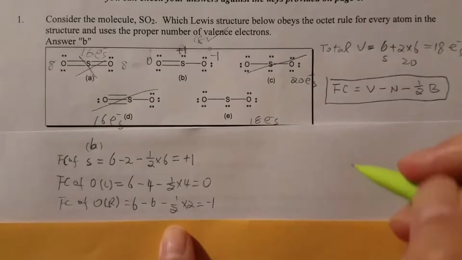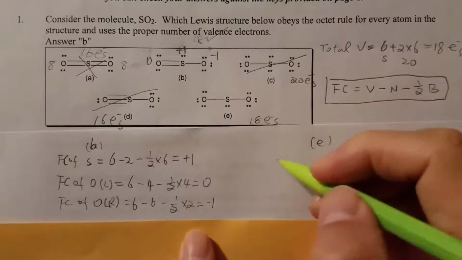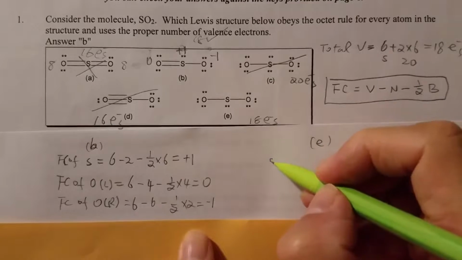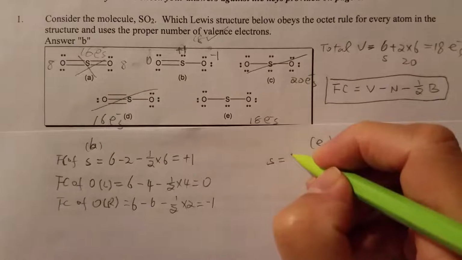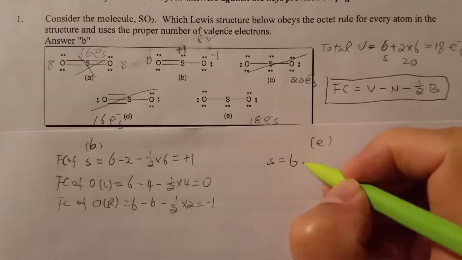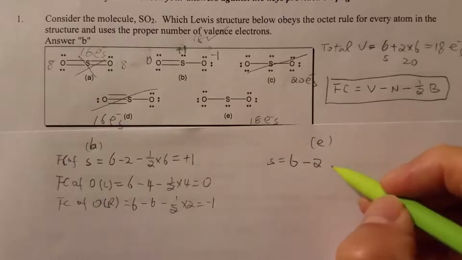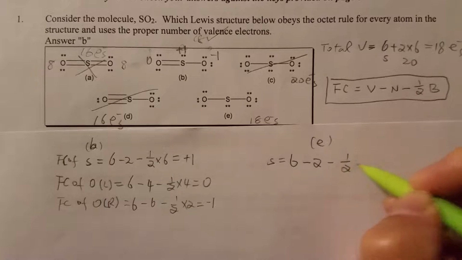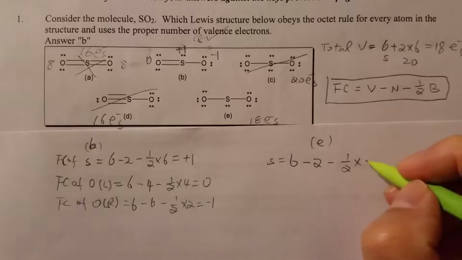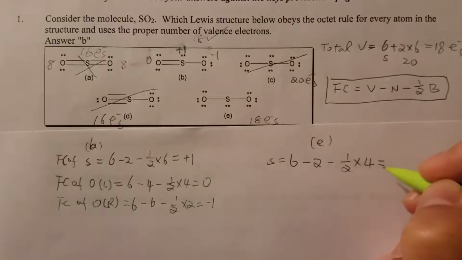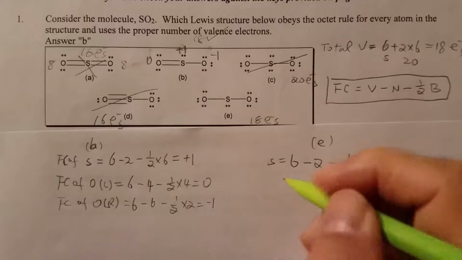Then we can do the same analysis with structure E. For sulfur, we should have 6, that's the valence electrons, minus 2, the lone pair electrons, minus 1/2 of the bonding electrons, which is 4. And what would that yield? That actually gives us positive 2.